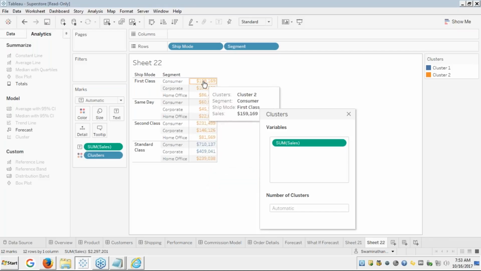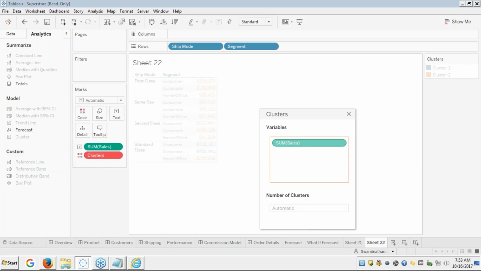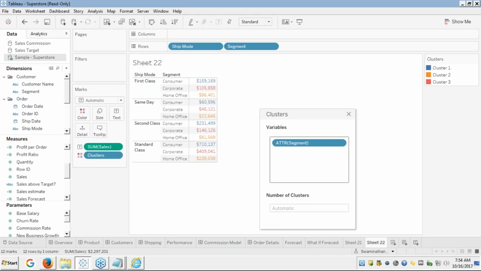So if you see the data here, all the sales amounts which are below this 409041 are grouped under one cluster, and the rest has been grouped under a different cluster. So here, let me choose a different variable. Here I wanted to choose segment as a variable.